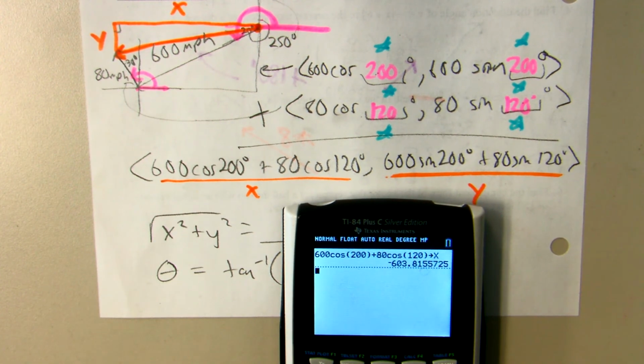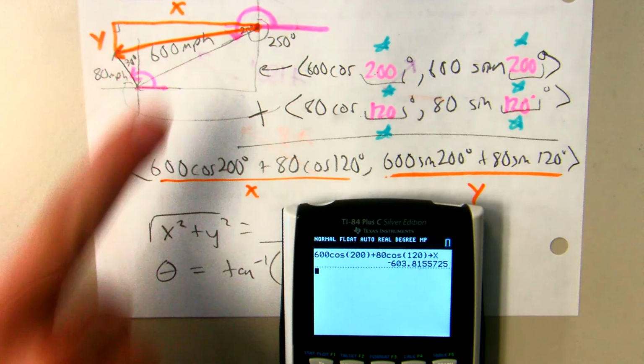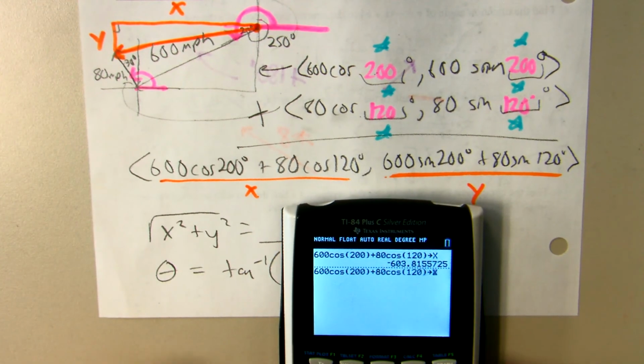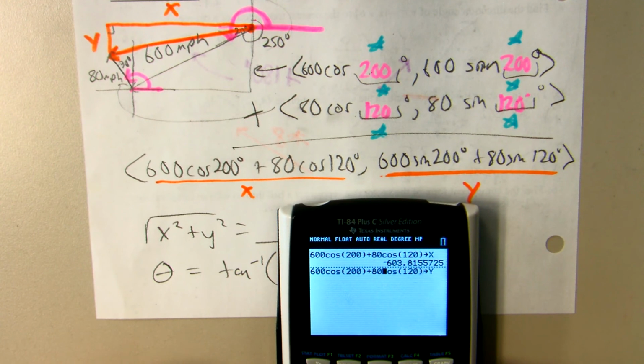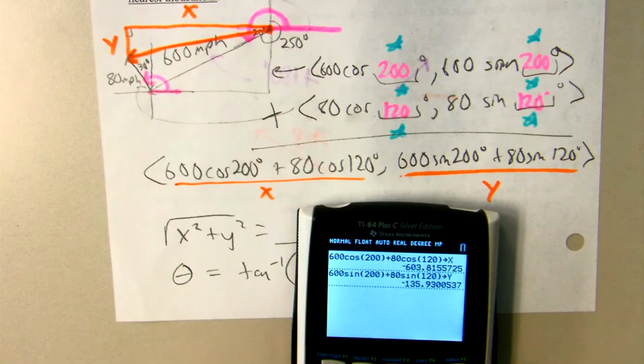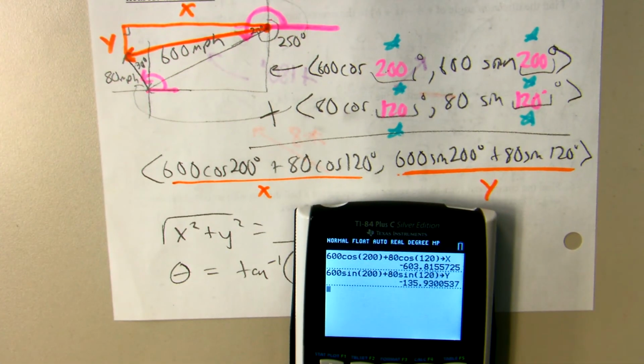So that's how much it's going right or left. My picture shows it's going left, so it makes sense that it's negative. That's how much it's going up or down. It's negative because it's going down total overall, so that makes sense.